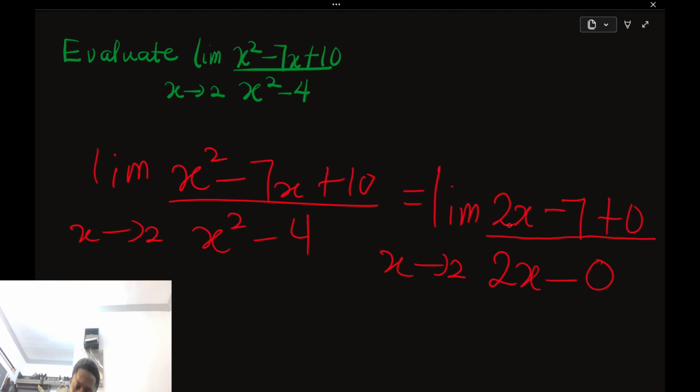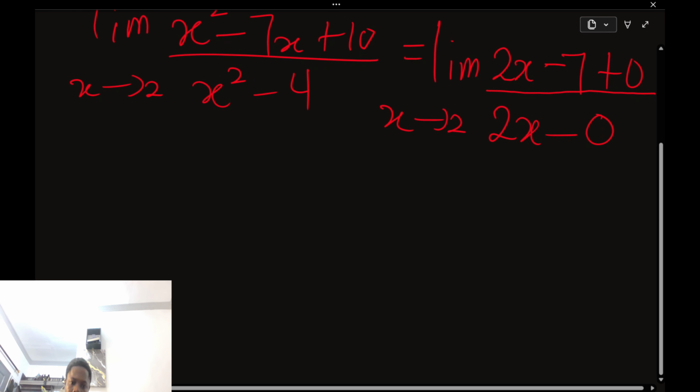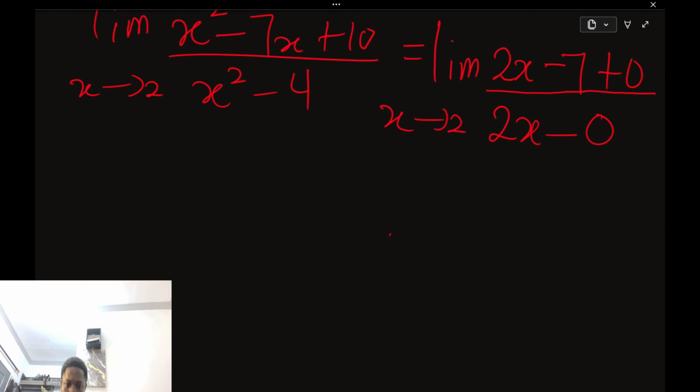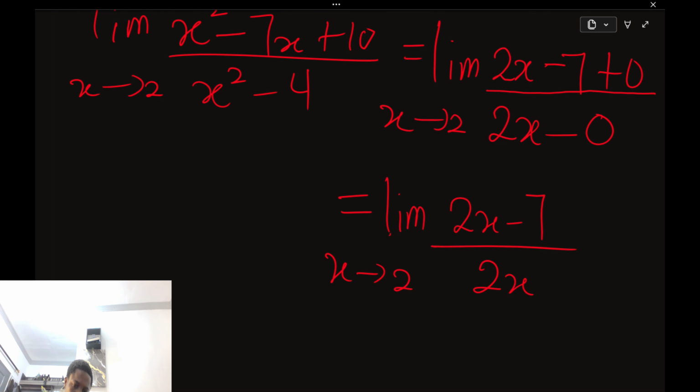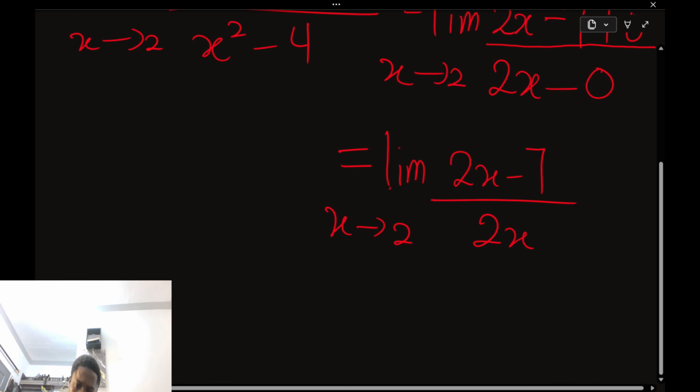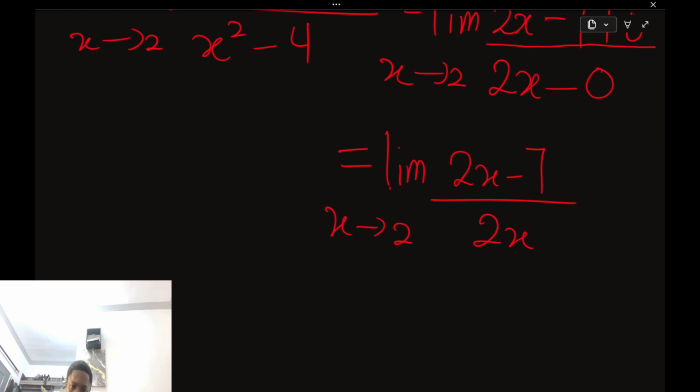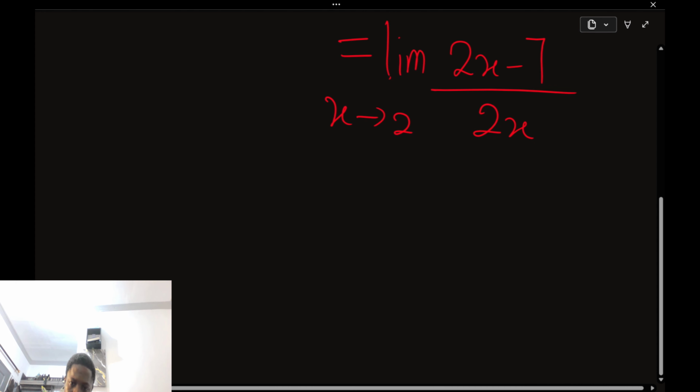So we continue to work on it. So we are going to get everything equal to the limit of (2x minus 7) divided by 2x as x approaches 2. All right. So you can now substitute 2 into the expression, since 2 times 2 as the denominator will not give us 0. So we can do the substitution and you will get a defined value.